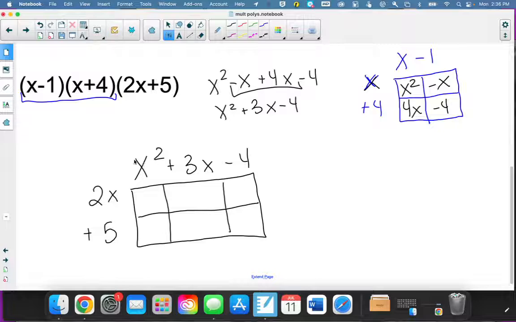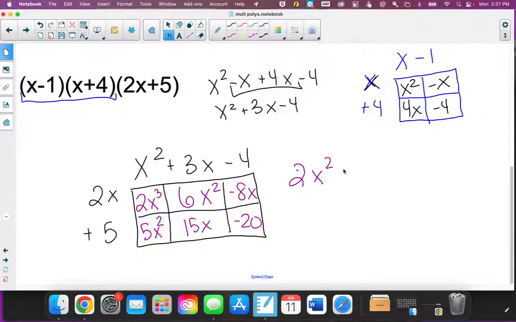So we have 2x times x squared, same thing as before, and 2x times 3x, we have the 6 for the coefficients and a squared for the x's. 2x times negative 4. 5 times x squared. 5 times 3x. And 5 times negative 4. Again, write it out. Going across or down does not matter.